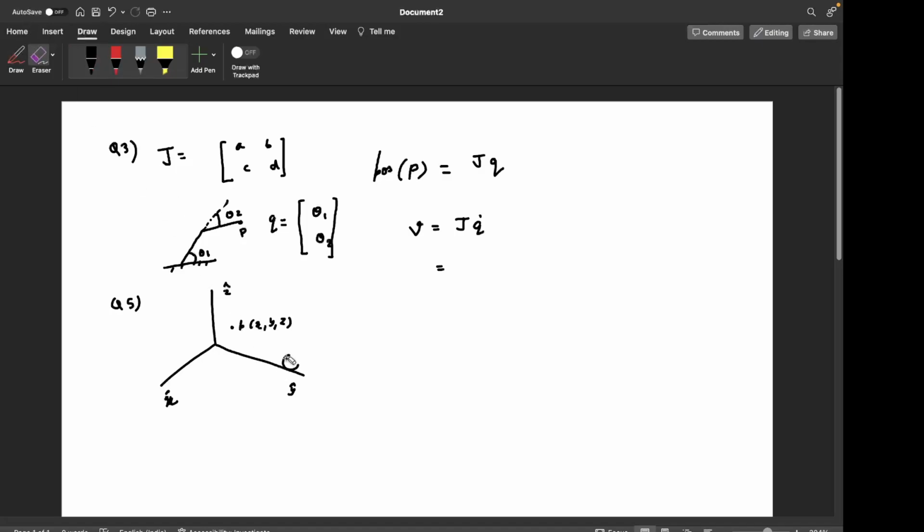So the point is rotating about the y-axis.